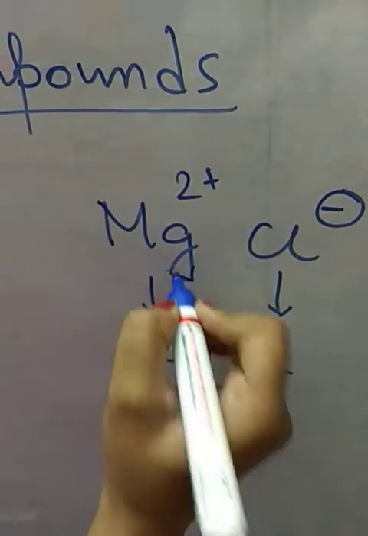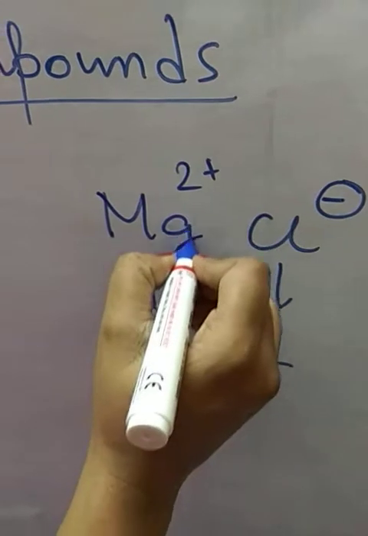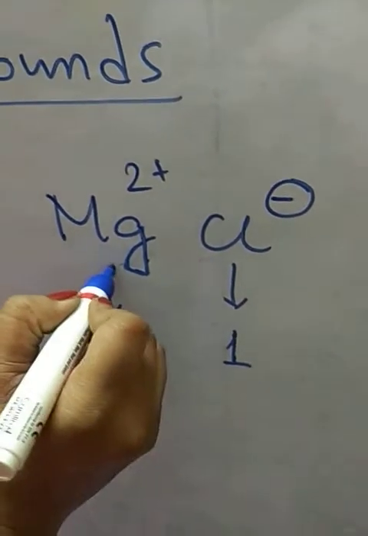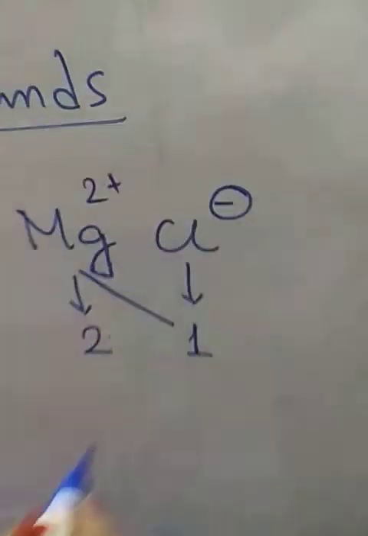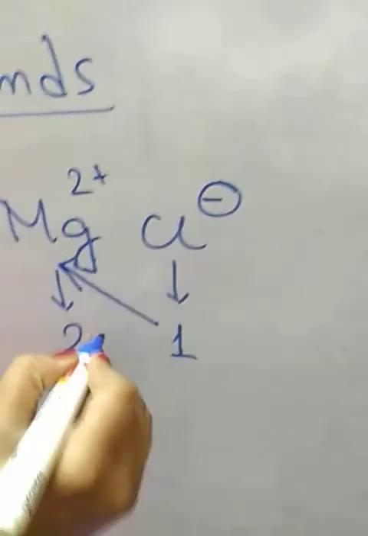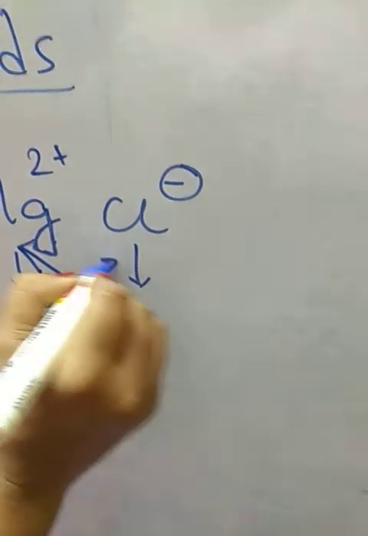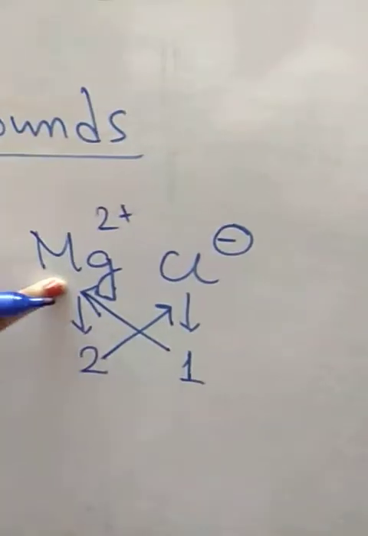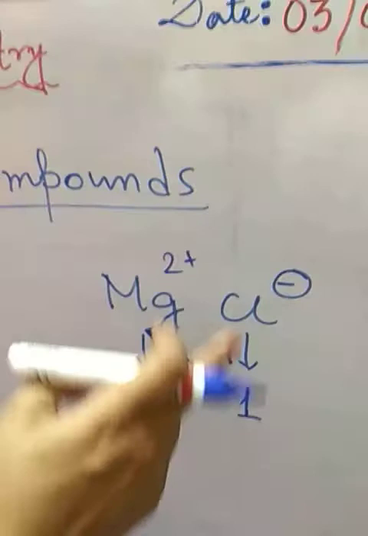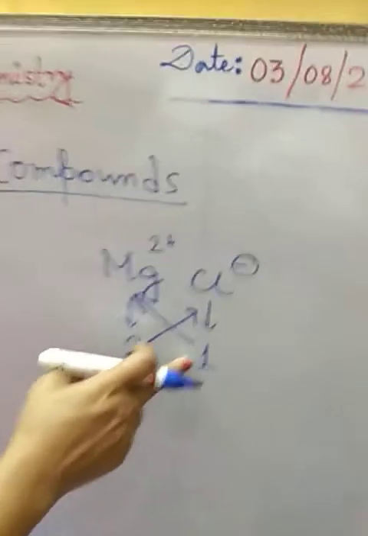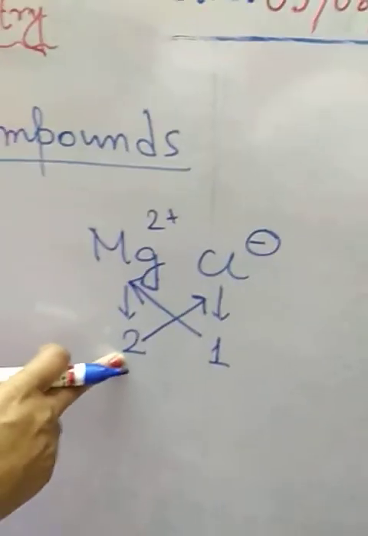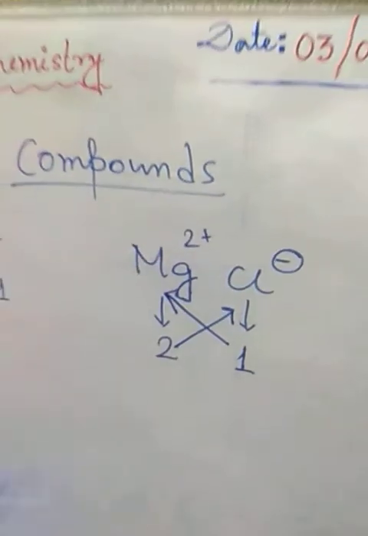So it can be understood that magnesium is giving its valency to chlorine and chlorine is giving its valency to magnesium. Chloride's valency 1 will go to magnesium, and magnesium's valency 2 will go to chloride.